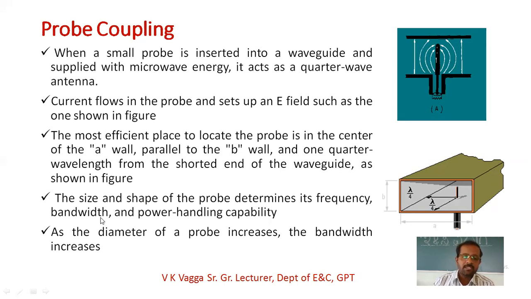Its frequency, its bandwidth, and its power handling capacity are decided by the probe size and shape. And as the diameter of the probe increases, its bandwidth increases. Understood? This is about the probe coupling.